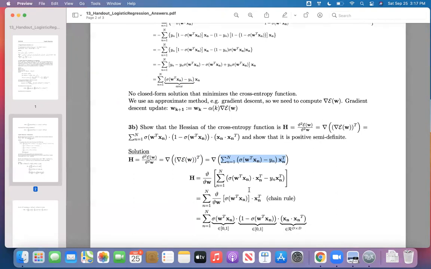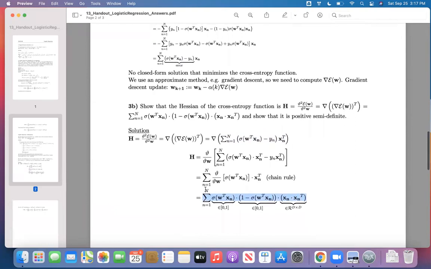Once we do all the calculations, again using the chain rule, we are going to find that the Hessian of the cross-entropy error is equal to this expression here. So in this expression, these terms sigma and 1 minus sigma are just real numbers. And because sigma is always between 0 and 1, 1 minus sigma is always going to be between 0 and 1. Therefore, this entire product is going to be positive and between 0 and 1.